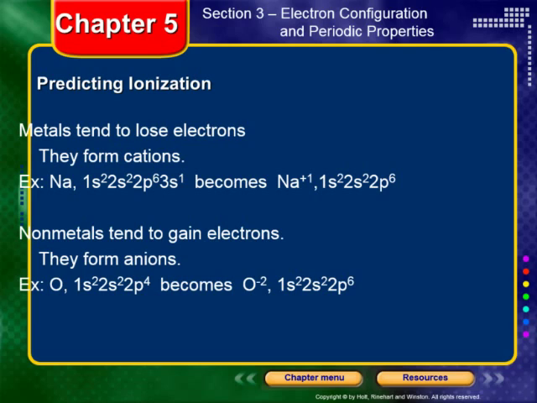Now, nonmetals are going to do the opposite. Nonmetals tend to have more than 4 valence electrons. So it's actually easier to get to 8 by adding electrons. So, for example, oxygen, we can find the electron configuration for oxygen. It's 1s2, 2s2, 2p4.